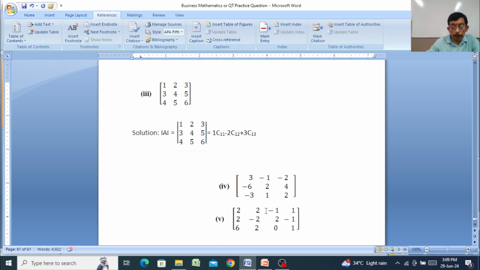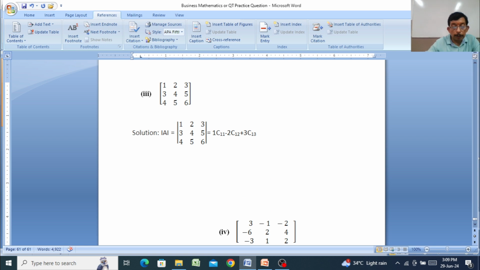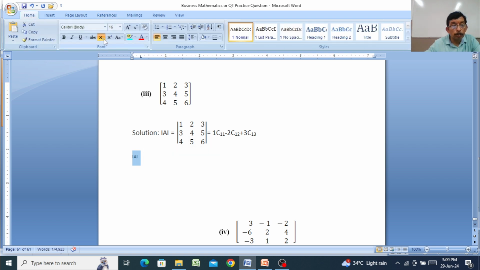Now simplify in the next step. Determinant equal to 1 multiplied by C11.